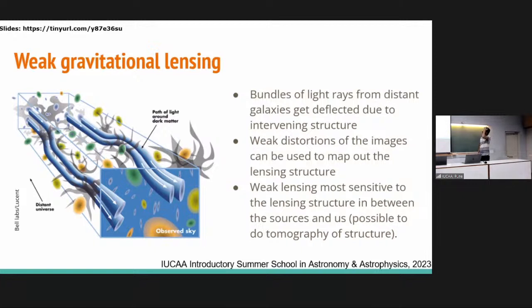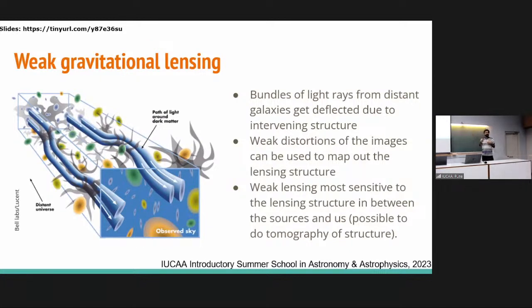And so if you look at the shapes of galaxies which are really far away, they tell you something about the matter distribution in between. Now, instead of looking at galaxies which are here, you can look at galaxies which are somewhere here. Then they will tell you about the matter distribution which is roughly halfway between them and you.